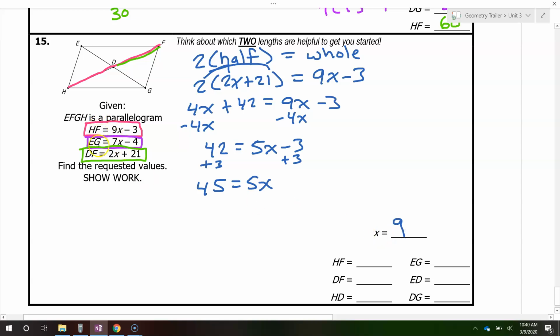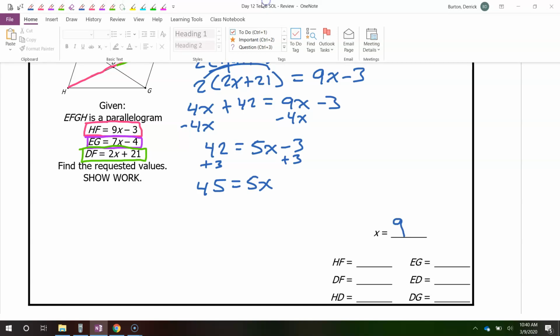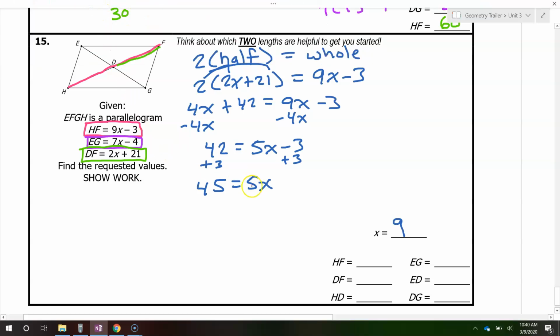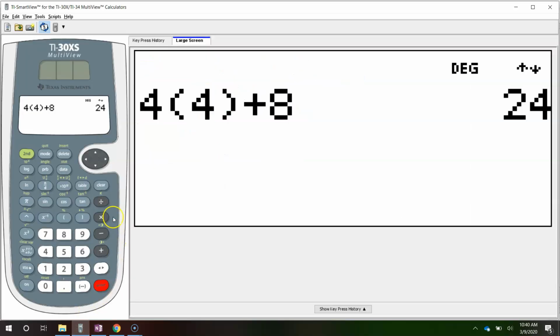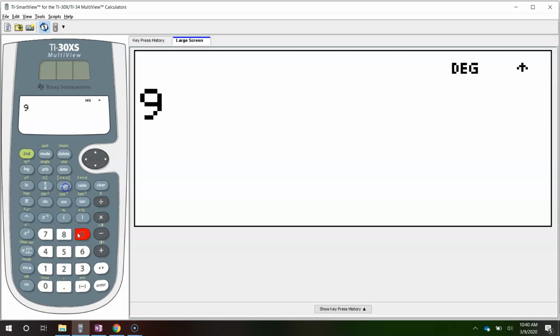So right away I can find all 3 of these things for which I have expressions. So let's start with those and build from there. So we can definitely find HF. That's 9x minus 3, so that'll be 9 times 9 minus 3. That'll be 81 minus 3, which is 78.